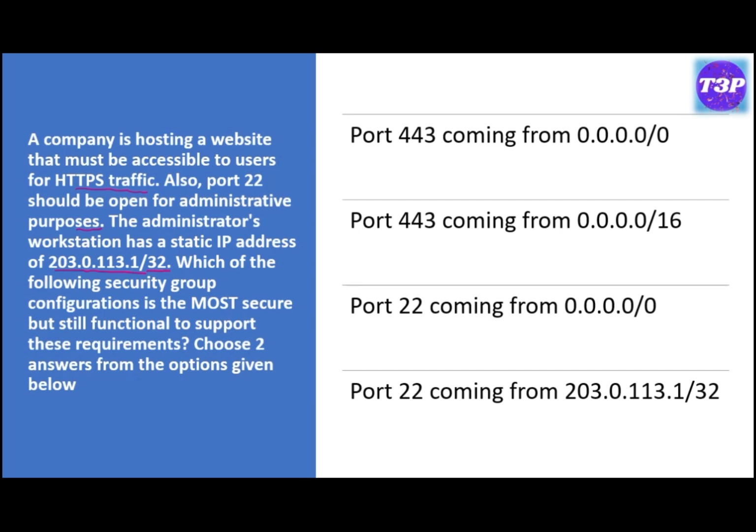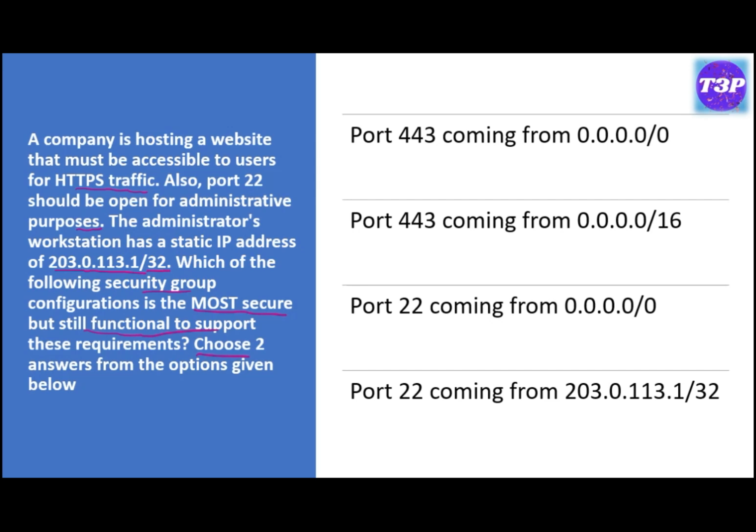Which of the following security group configurations is the most secure but still functional to support these two requirements? We need to choose two answers from the options given below. So we have 4 options here. So there are 2 requirements here.